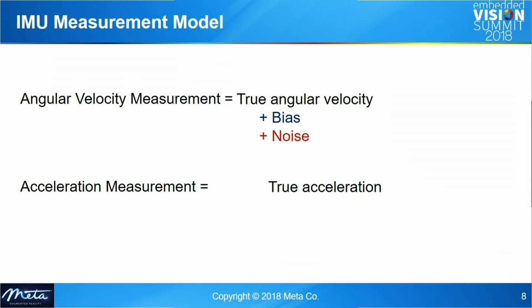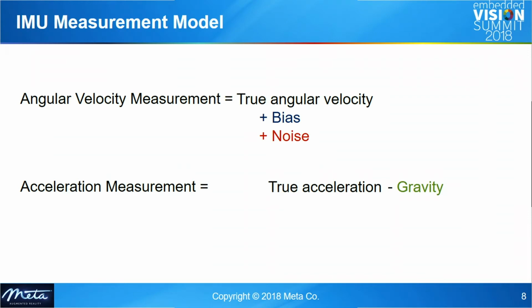For the acceleration, again, we start with a true acceleration, but the accelerometer won't be able to distinguish between the gravitational force and the actual acceleration of the device. And this means that when the accelerometer is sitting completely still or is in constant linear motion, what the sensor outputs is upward acceleration with the value of gravity.